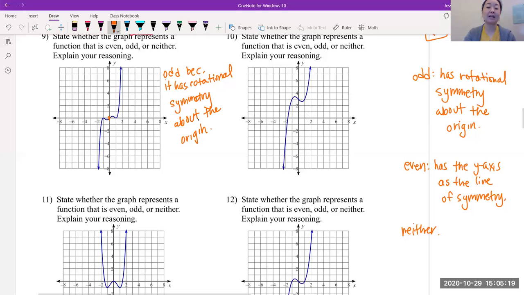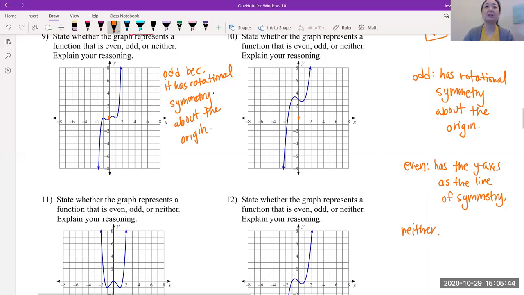If you say an answer like, because one arm is up and one arm is down, that doesn't mean that it's odd. Here, if we look at this one, we put the dot right here. That's the origin. If we rotate it, is it going to look exactly the same? This guy up here would be down here on the bottom. That doesn't look exactly the same, so it's not odd.